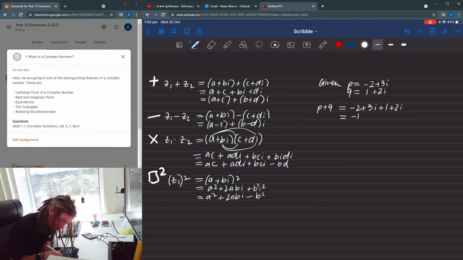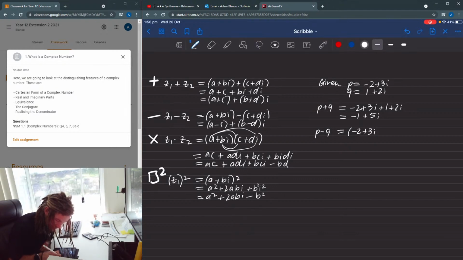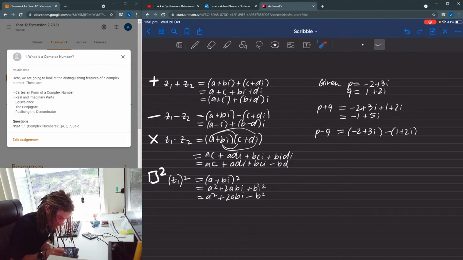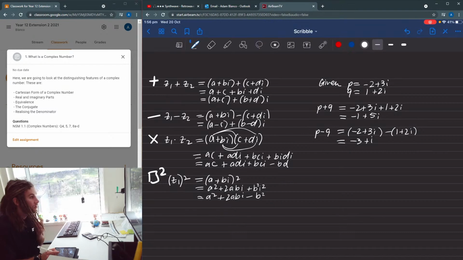So that's going to be minus 1 plus 5i. I want to take them away, be a little bit more careful with your use of brackets. I wasn't there because it was addition, don't really care, but you just got to be careful with this very end term, especially when there's a minus here. So I'm going to have minus 3 and plus i.